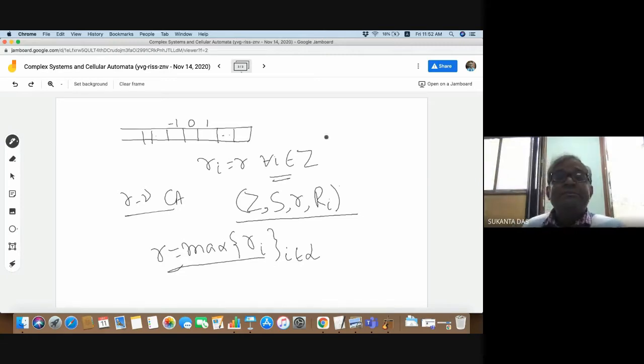See, consider this figure. I'm not considering 2D, 3D, high dimensional CA. I'm considering one dimensional CA, the simplest one. One dimension has several advantages.